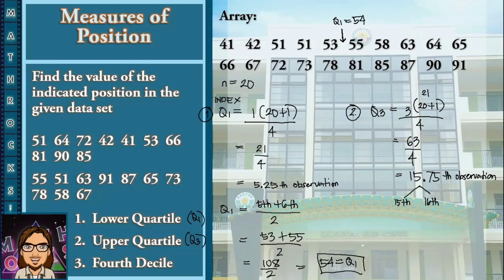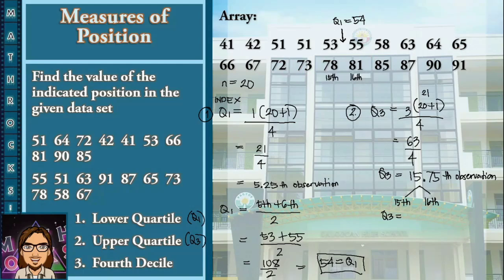Again, if there are two numbers representing the value of the third quartile, then we may have to get the average of these. So your Q3 would now be equal to the 15th number. So this is the 10th number, 11, 12, 13, 14, 15. So this is the 15th one, and this is the 16th.